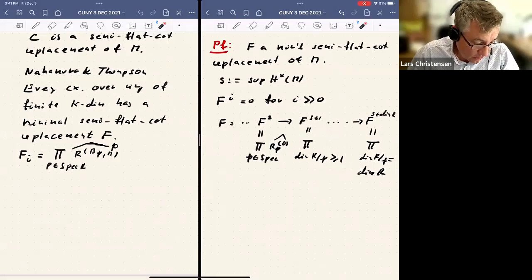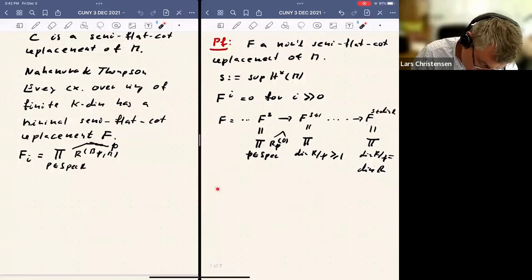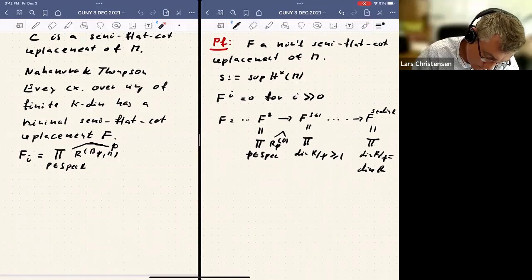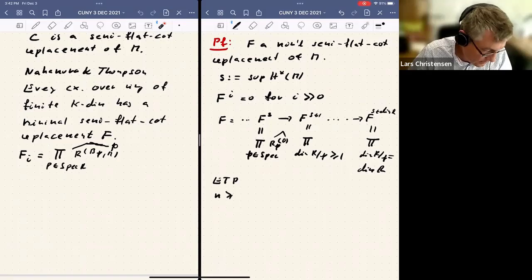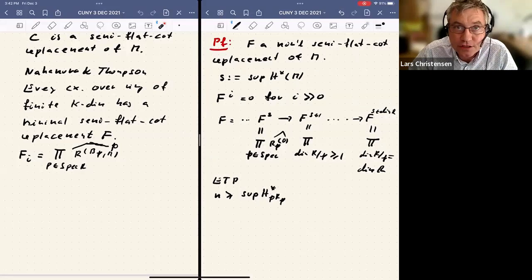So now, what is it that I want to compute? Well, it is actually enough to prove that N is at least the supremum of the local cohomology, because then I can apply the same proposition from the paper from 19, the one that talks about rigidity of Ext.